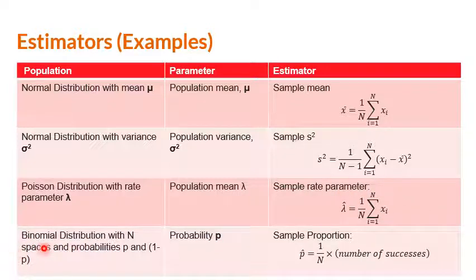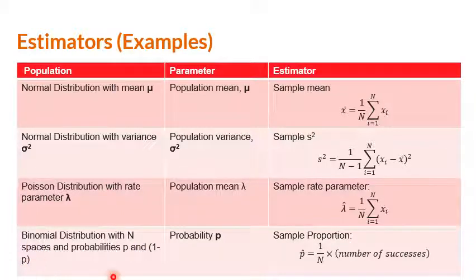And then another example is a population with binomial distribution with n trials and probability p, for a quantity that is dichotomous, with probability p for category 1 and 1 minus p for category 2.